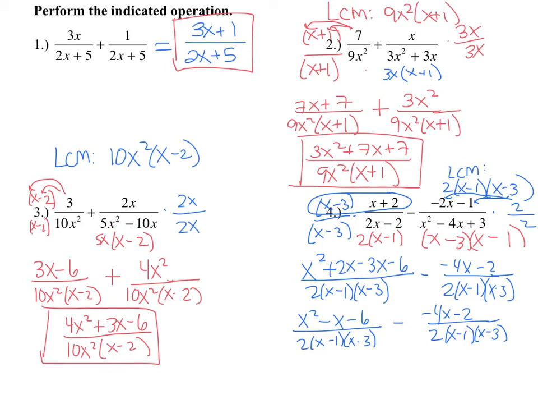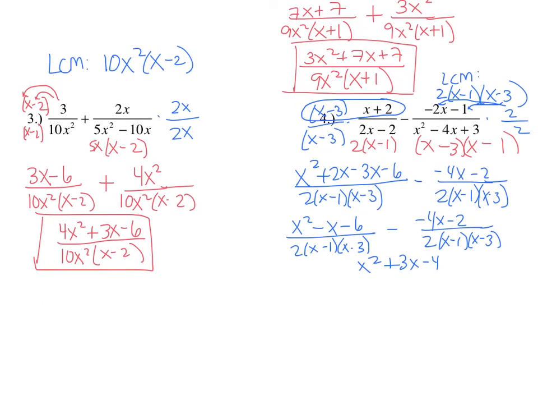Okay, so now if we combine the numerators, we've got x squared minus x minus negative 4x becomes minus x plus 4x, which gives you 3x. Negative 6 take away negative 2 gives you negative 6 plus 2, which is negative 4. And move everything up a little so I can fit my denominator.